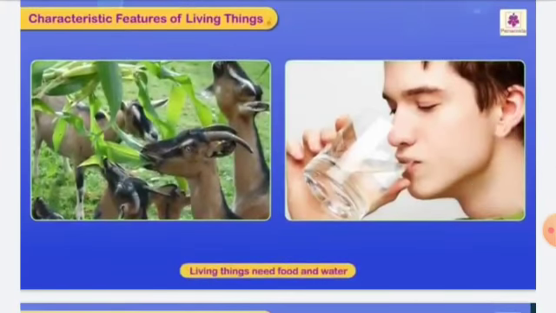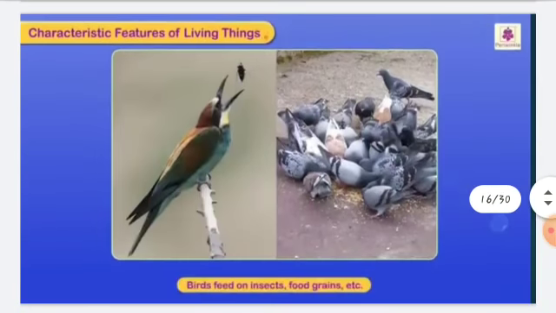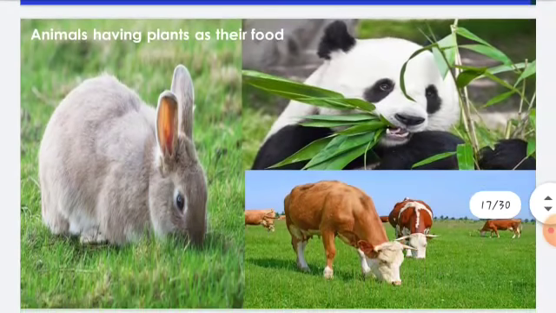Now we come to the characteristic feature of living things: the picture is showing you the animals need food and the human beings also need food and water. Here you can see a bird feeding on insects and birds feeding on food grains. That means they all need food to grow.